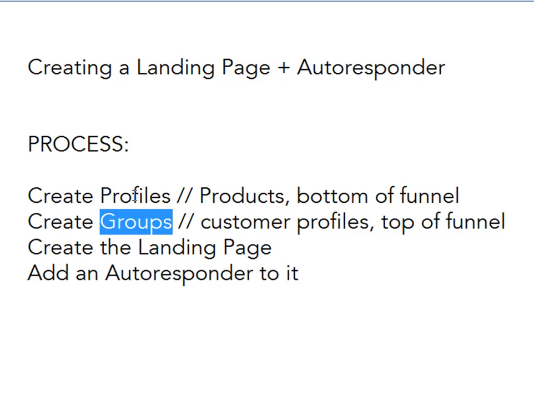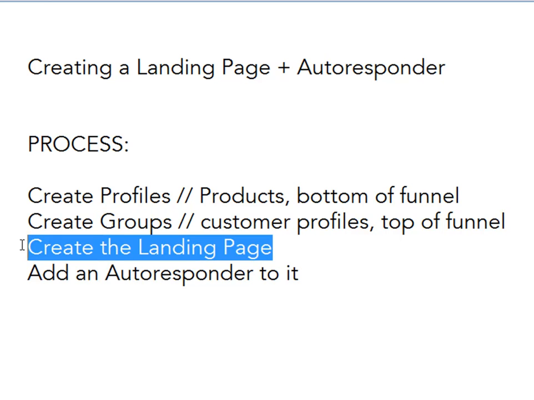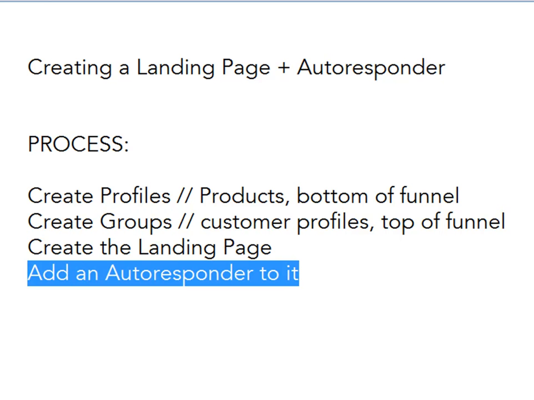So I'm a father, I am a son, and I'm a husband. Those are all groups that I belong to, meaning there are other sons and other fathers, you get the idea. Those are kind of like tags placed on me, and I fit into all 3. Last, we're going to create the landing page, and then after that, we're going to add an autoresponder to it. So let's jump right in.